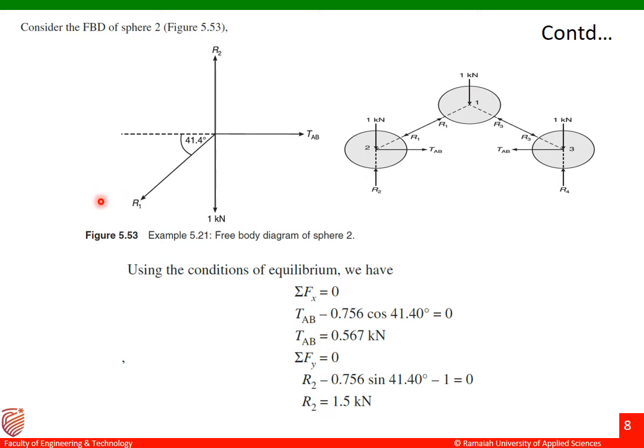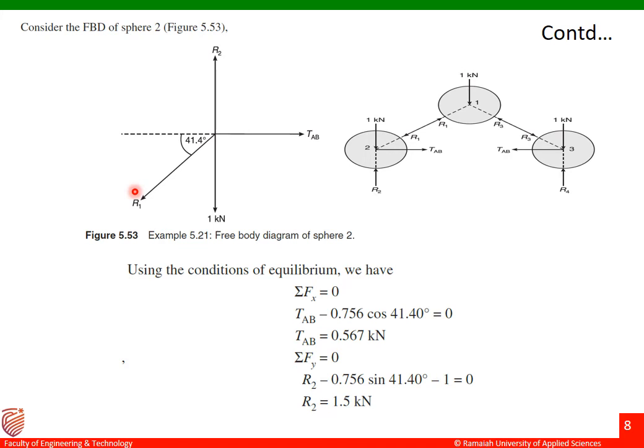So let us substitute these two in this equation. Plus TAB, why? Because it is acting towards the right side. Plus TAB minus R1 cos 41.4. Why is it minus? Because it is falling on the left side, that is in the third quadrant. In the third quadrant, both x and y components will be negative. That is minus R1 into cos 41.4 degrees.